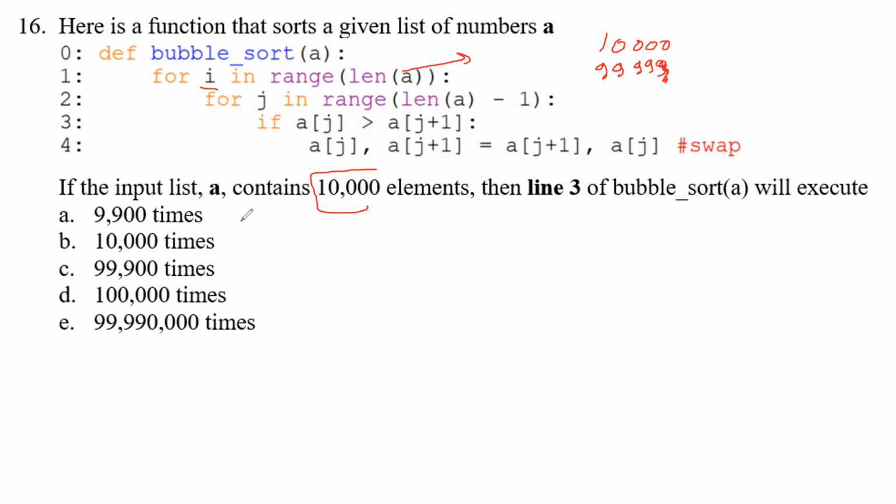Okay, so the question is line 3. It means that this line, how many times is it going to be executed? What do you think? Well, the answer is going to be the multiplication of this one with this one, because they are 2 loops. You got it? No?